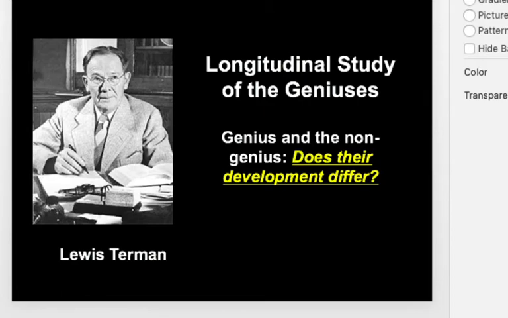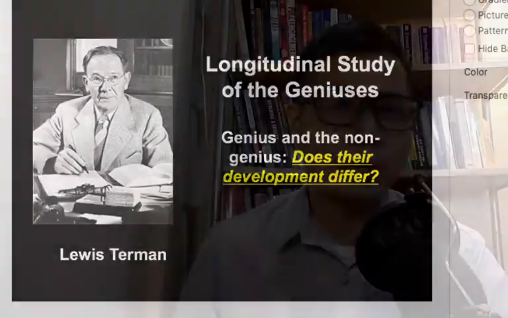Basically, Lewis Terman wanted to have a picture kung ano ba yung developmental picture ng mga taong gifted. Yung development ba nila across time kakaiba ba compared to average kids? So given that research question, gumamit ng longitudinal research si Lewis Terman.